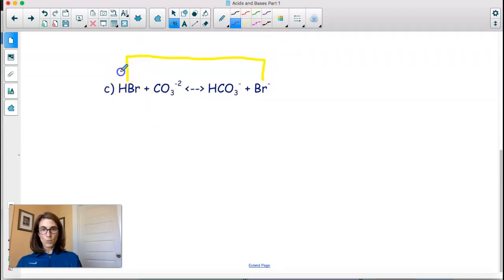So that makes HBr our acid, and that makes Br minus our conjugate base. And then CO3 minus 2 does, in fact, gain a hydrogen, right, going from reactant to product side. So that makes CO3 minus 2 our base, and HCO3 minus our conjugate acid.